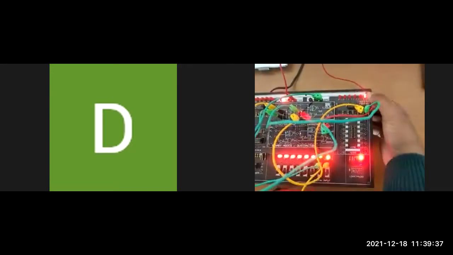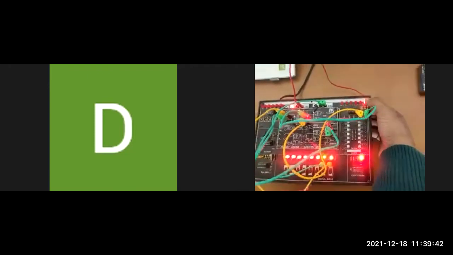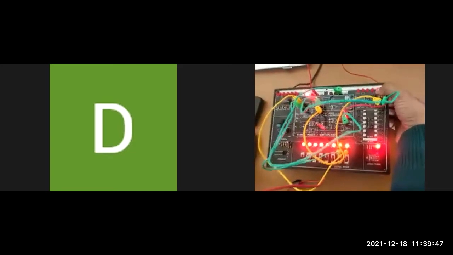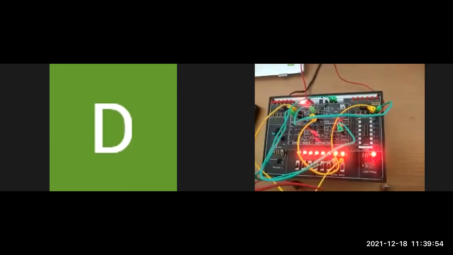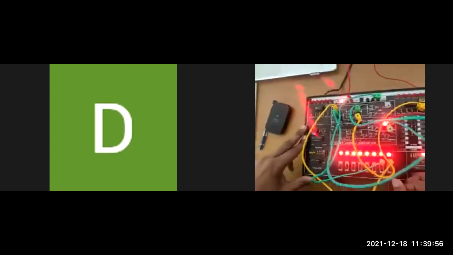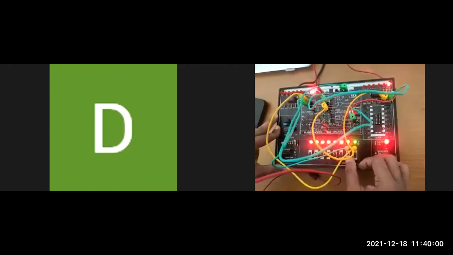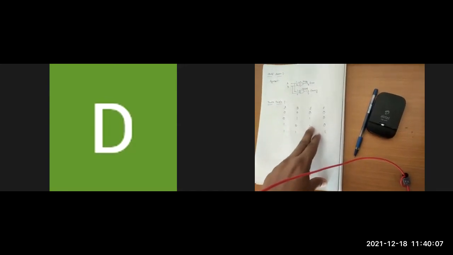When I give the 0 1 combination, you can see, as per our theory knowledge, the sum is 1, so the digital output LED is blinking, but the carry is 0, so the second LED is not blinking. Now the next case is 1 0. Here I am giving 1 and this is 0. For the 1 0 combination, you can see the sum is 1 and carry is 0.